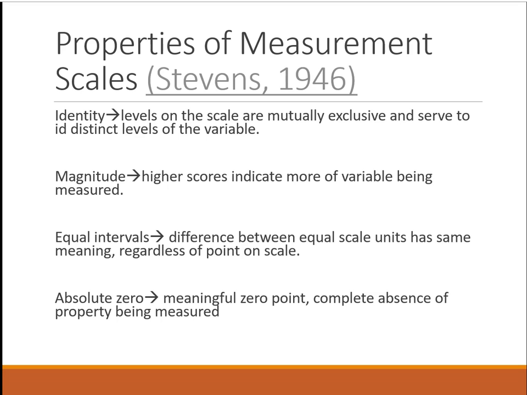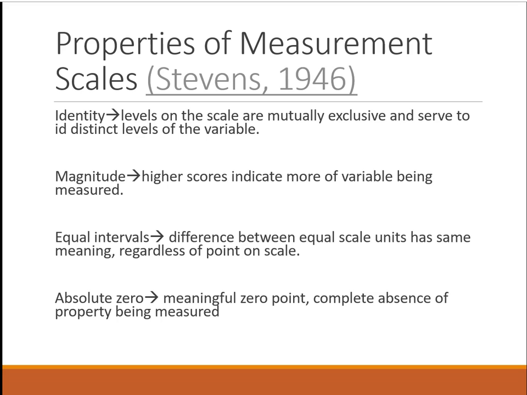So this isn't incredibly important for data analysis, but it is another way to think about variables. And knowing your variables is an important first step in being able to analyze data.